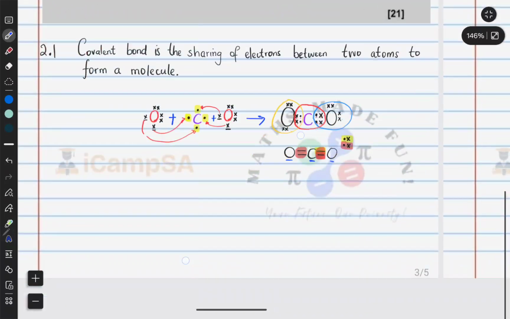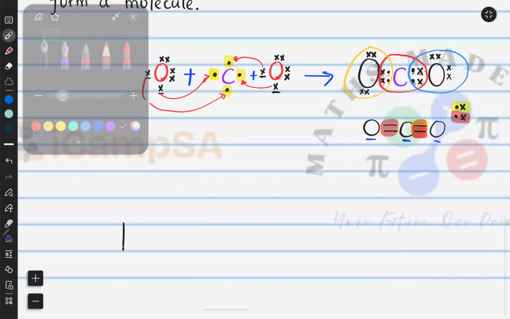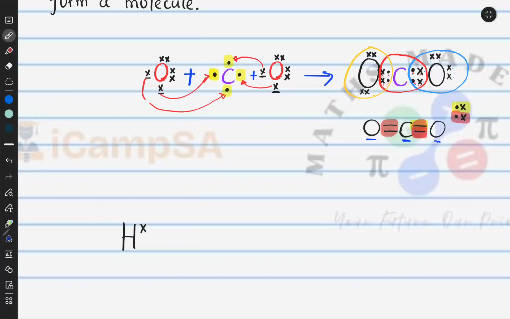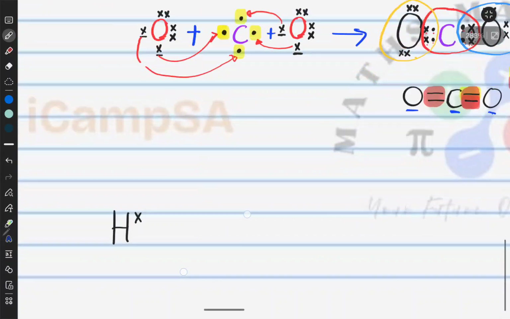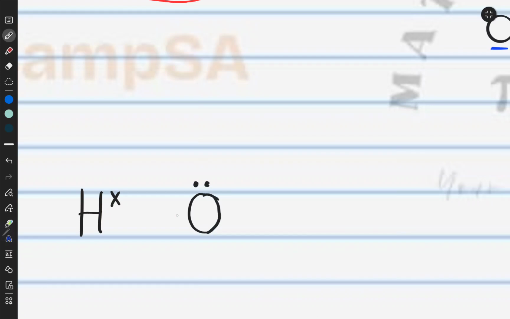We can even plot water. We know that hydrogen has one electron on its outer shell. Oxygen, on the other hand, has 6, but with 2 lone pairs. And then there's hydrogen again.